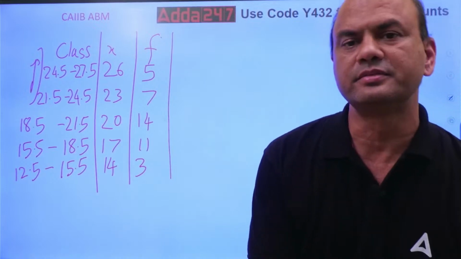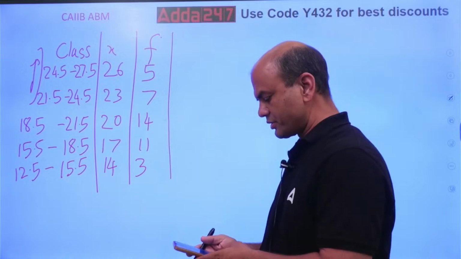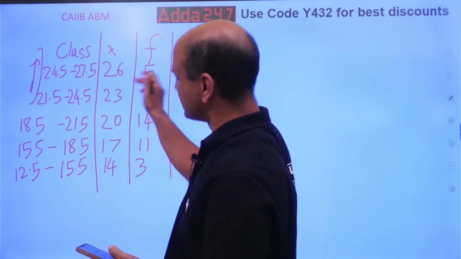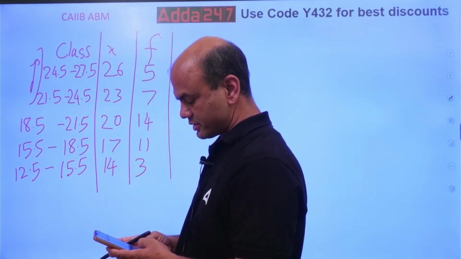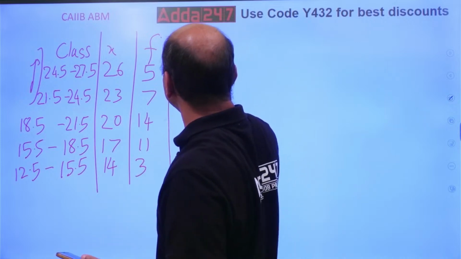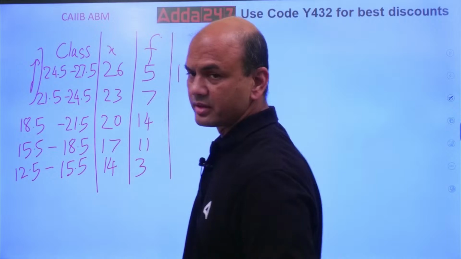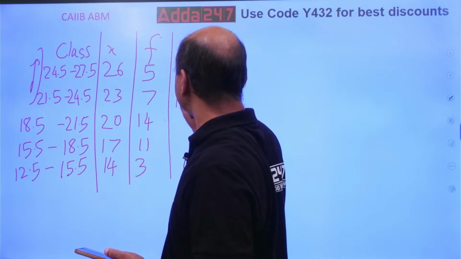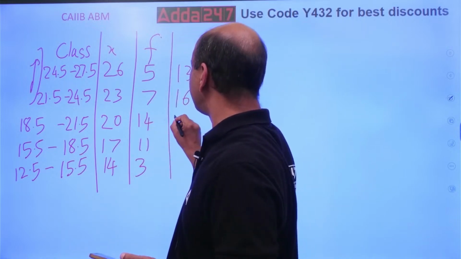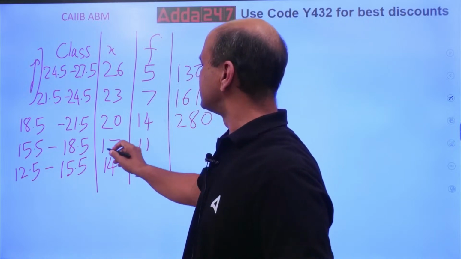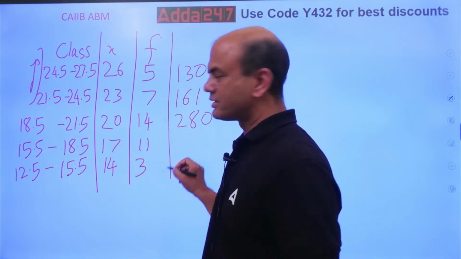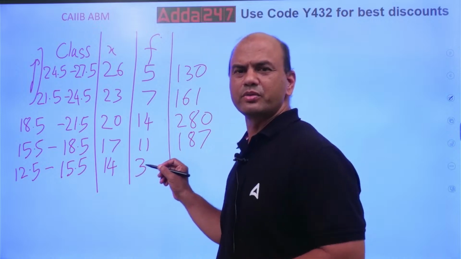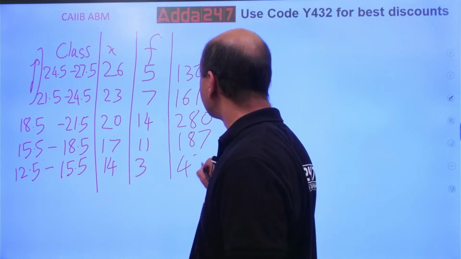We'll do it simultaneously. 26 into 5, what is it? 130. 23 into 7, that is 161. Then 20 into 14 is 280. Then 17 into 11 is 170, 187. 14 into 3 is 42. So this is fx.